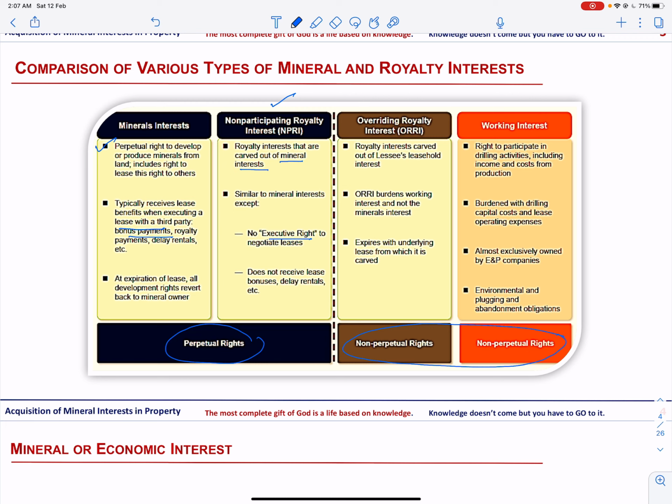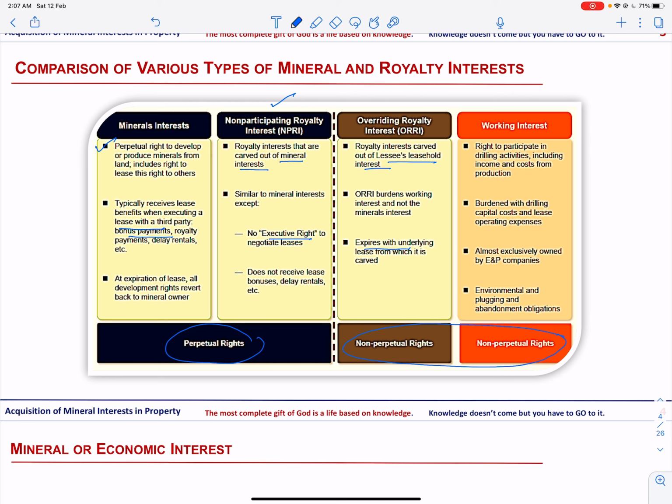Non-perpetual rights may be overriding royalty interest, and these are carved out of lessee's leasehold interest. The overriding royalty interest burdens working interest and not the mineral interest. It expires with underlying lease from which it is carved.